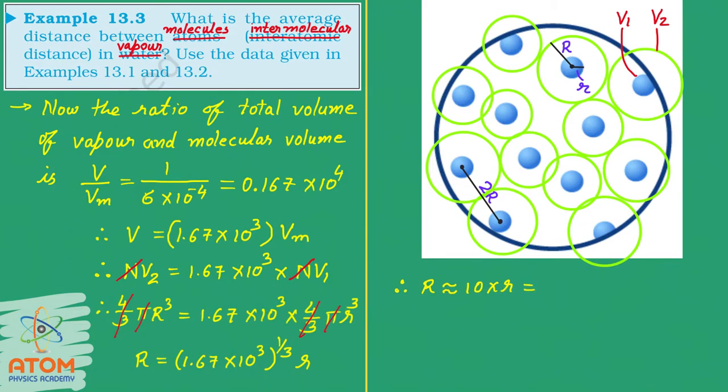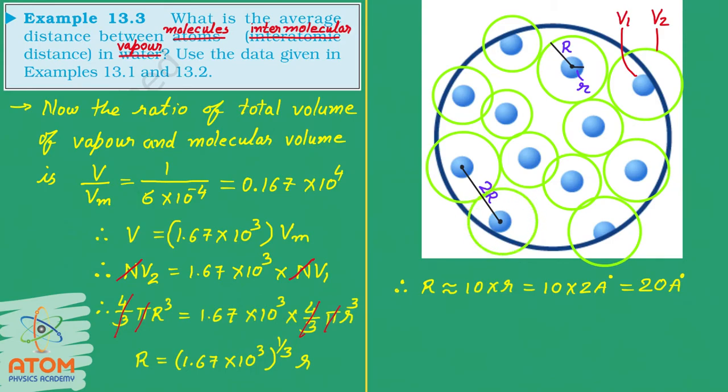Now in example 13.2 we derived small r. Small r was the radius of any molecule and that was 2 angstrom. So here it is 10 into 2 angstrom, that becomes 20 angstrom. So 20 angstrom is the radius of the spherical space occupied by one molecule.